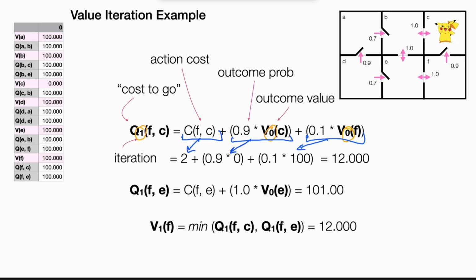Does anyone else want to tell me where we got the 2? The 2 is the cost from F to C because the door is not a gap, so it costs 2.